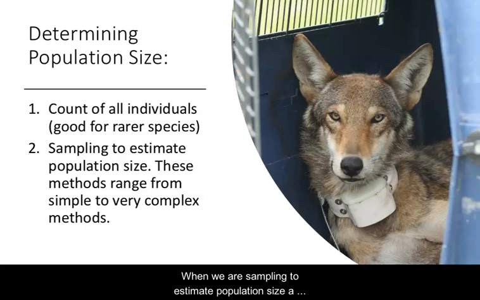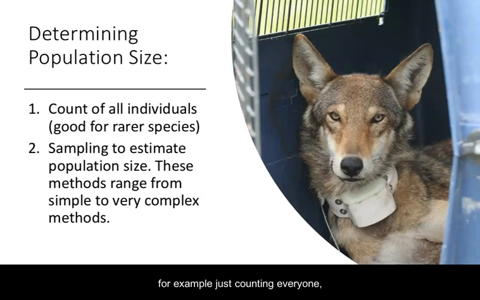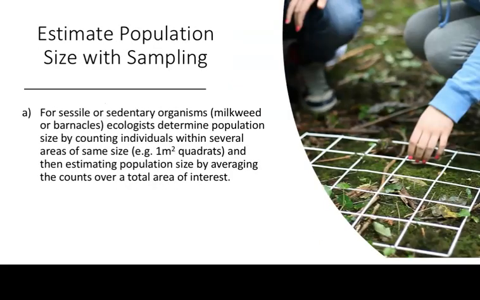So when we're sampling to estimate population size, a variety of different methods range from very simple, for example, just counting everyone, to very complex methods. Sometimes we can provide an estimate of the population size with sampling, and this works well for sedentary organisms like plants or barnacles. And we end up counting the number of individuals within a bunch of quadrats.